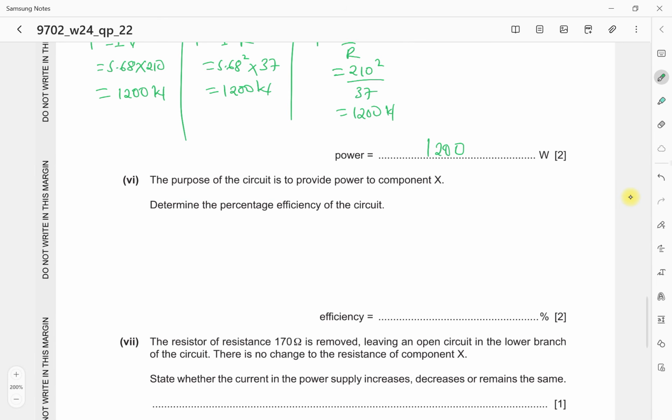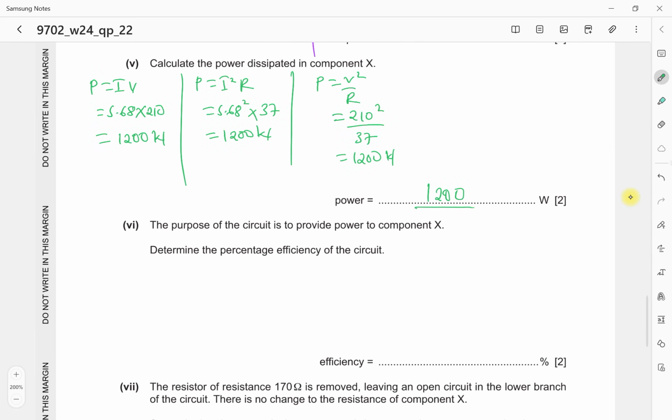Determine the percentage efficiency of the circuit. Because the purpose is to provide power to component X, the power dissipated in X is 1200.